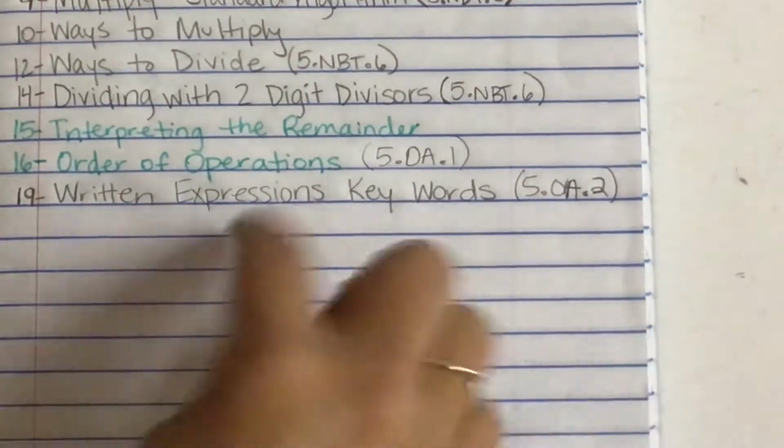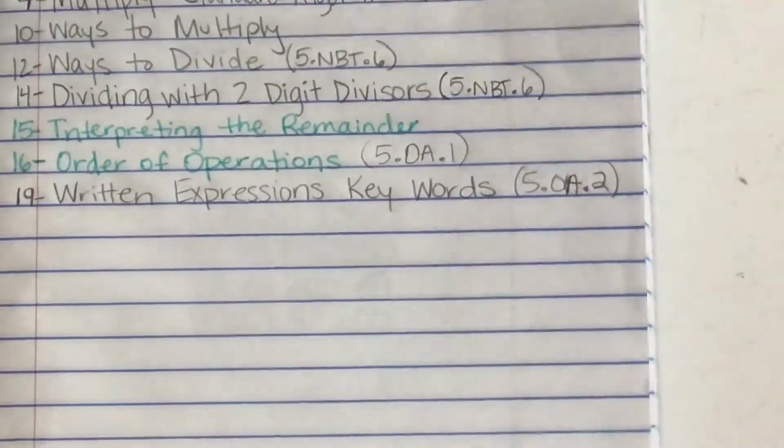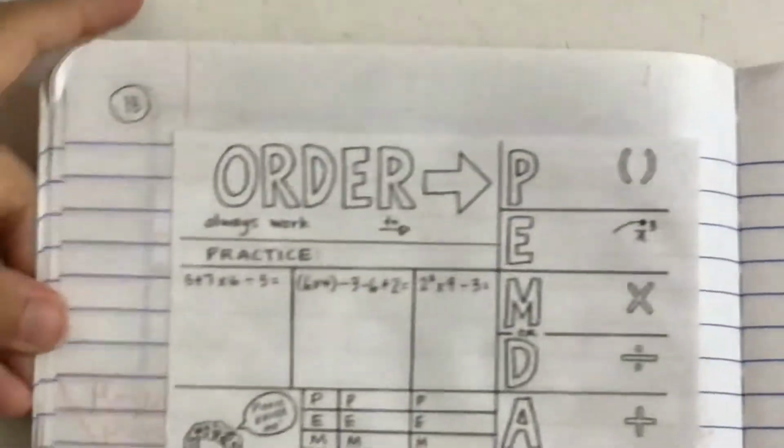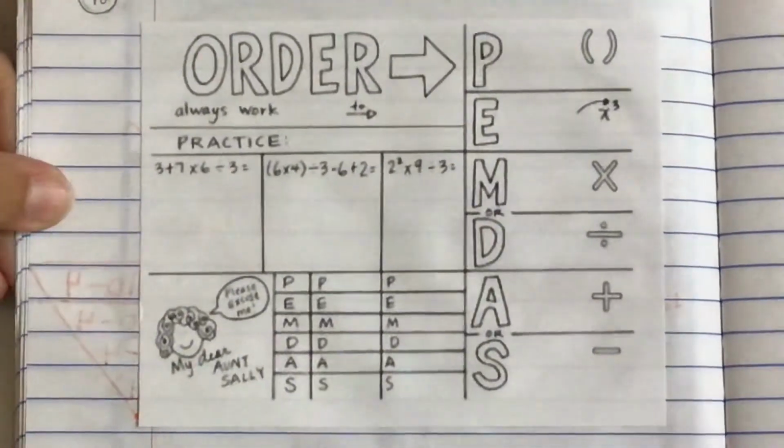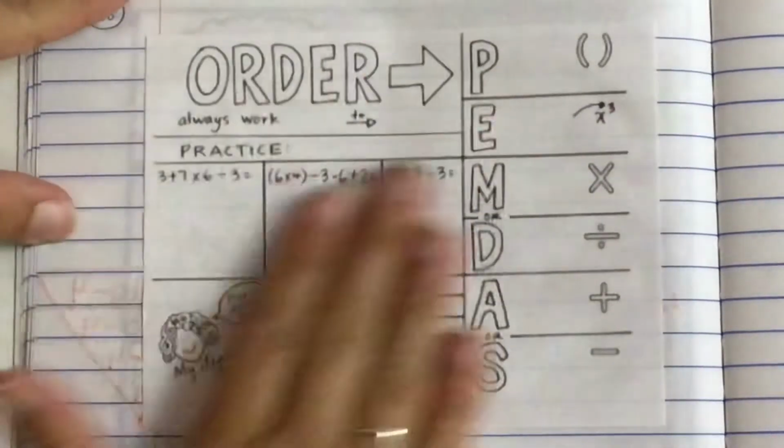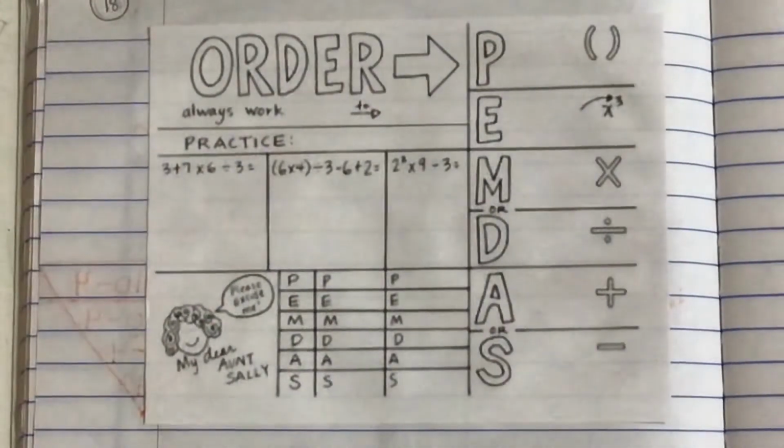All right, so I'm going to flip to page 18, which is this page for each of you. Well, it's for me. So you're going to flip to whichever page this is on for you.